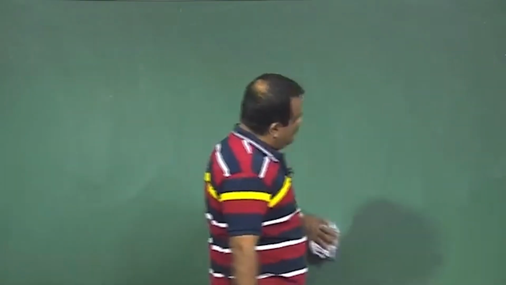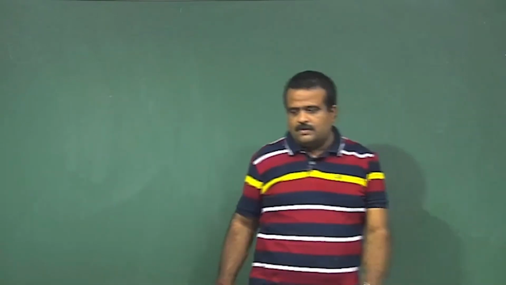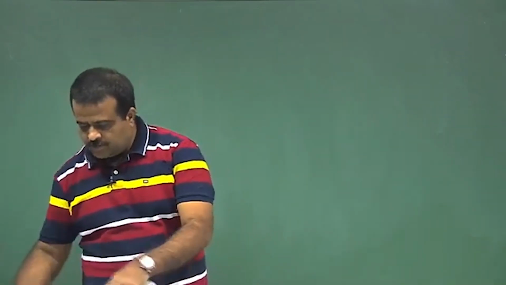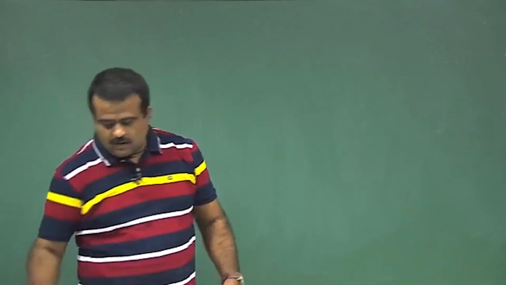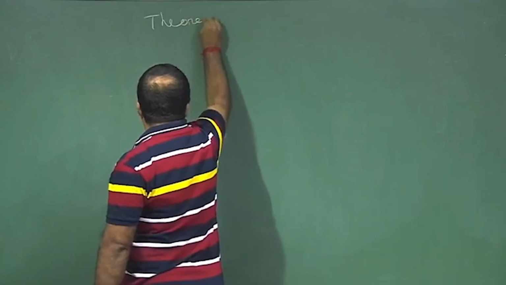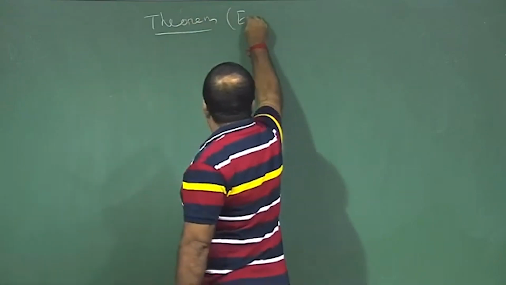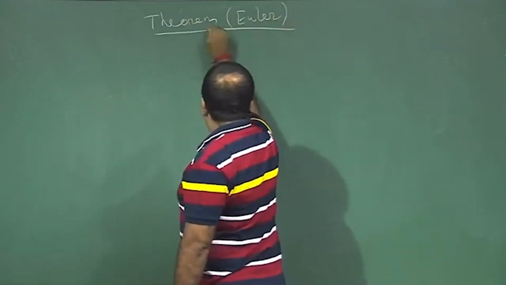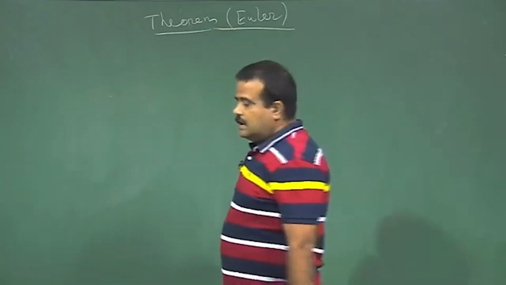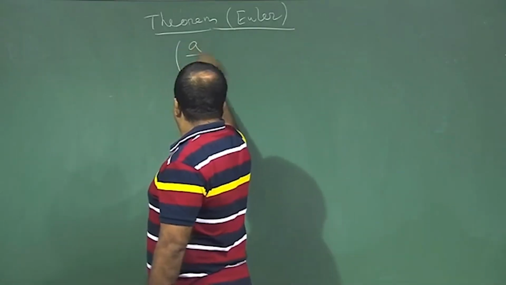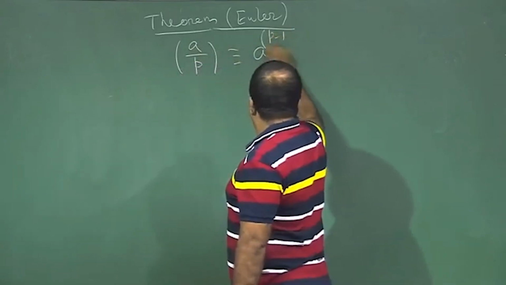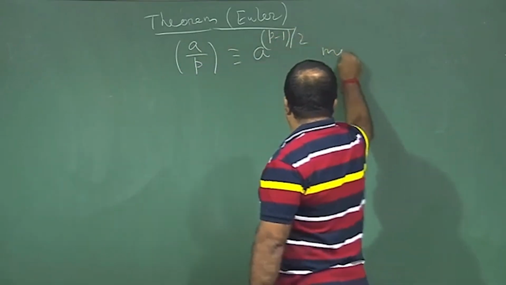The first theorem is again by Euler, Euler's criterion. It says that (a/p) is congruent to a to the power (p minus 1) by 2 mod p.